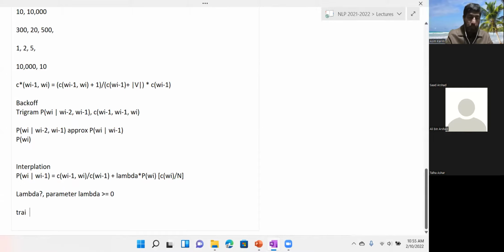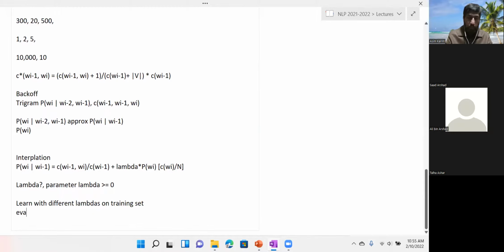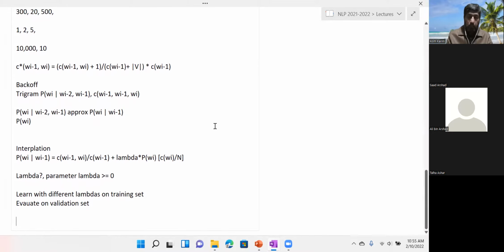You train your model, learn with different lambdas on the training set, then evaluate on the validation set.